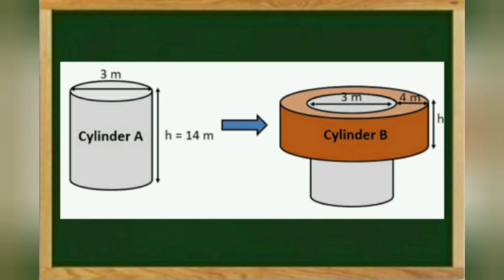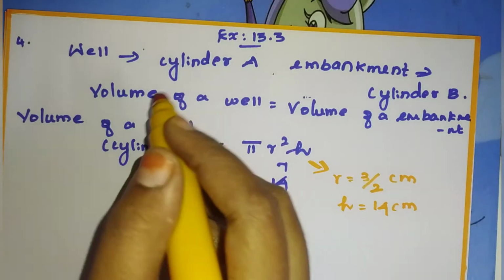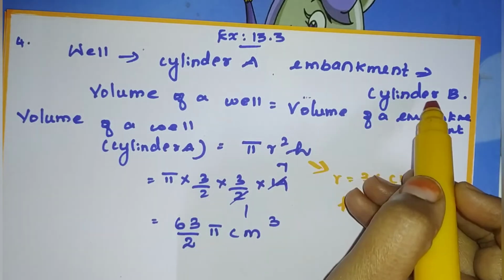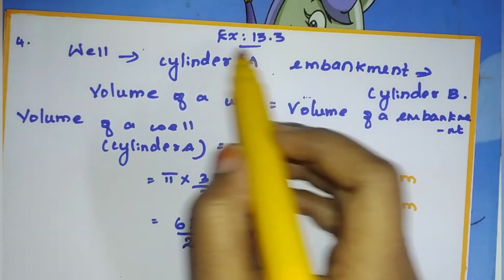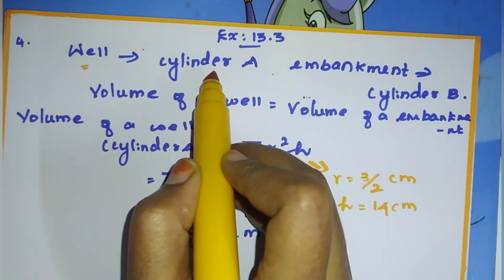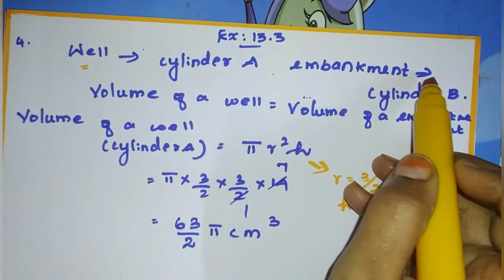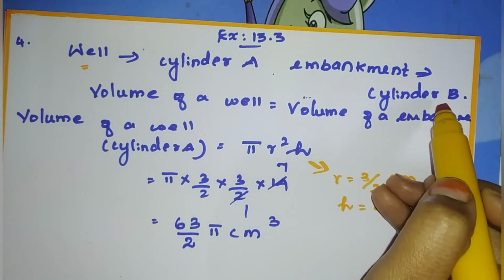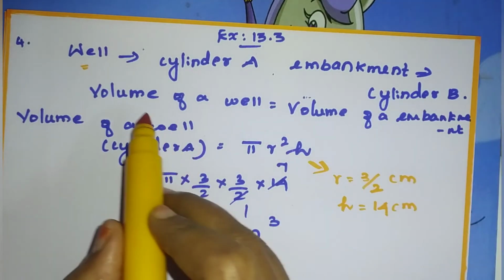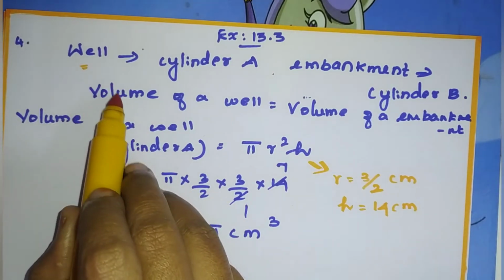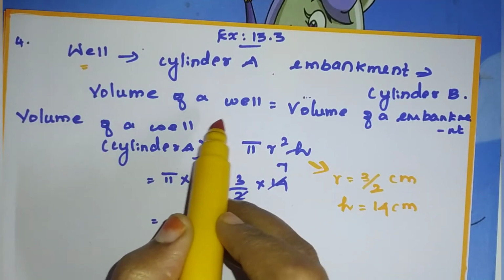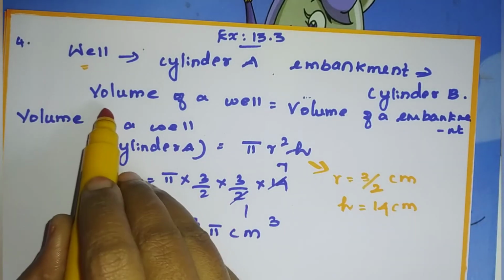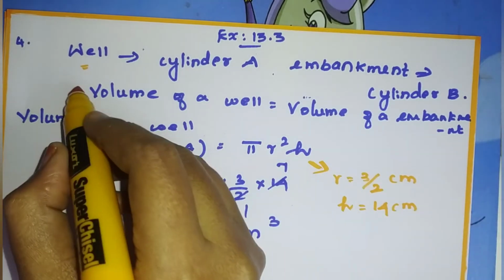Okay, now see the problem children. So the well and the embankment shape is in the cylinder only. Okay, so the well I'm going to take as cylinder A and the embankment I'm going to take as cylinder B. Since the mud of the well only we distributed to form an embankment, volume of a well is equal to volume of an embankment.